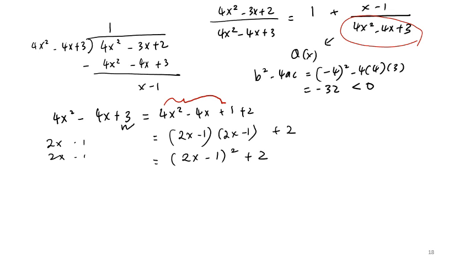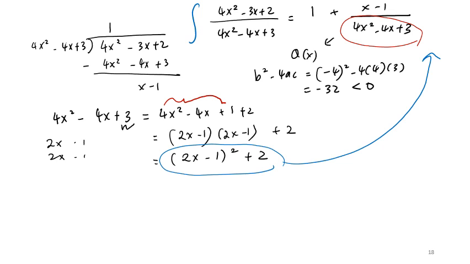So you can put this into the original expression, because initially you were asked to integrate this with respect to x. When we put that in, we get the integral of 1 plus (x minus 1) divided by ((2x minus 1) squared plus 2) dx.